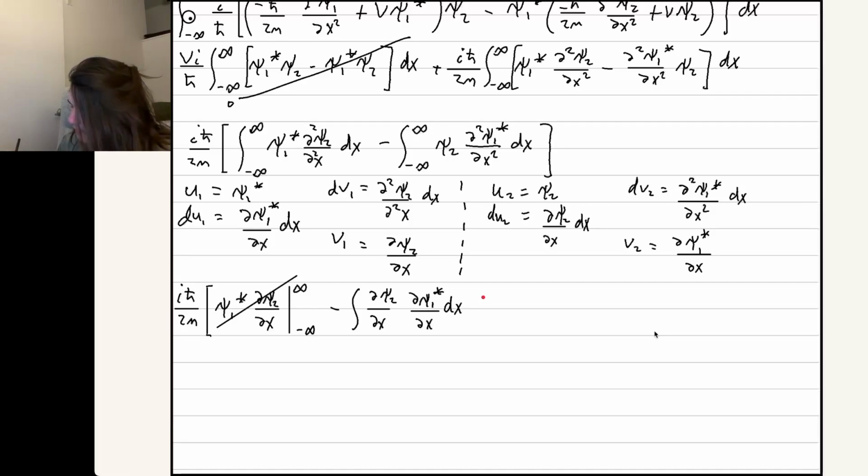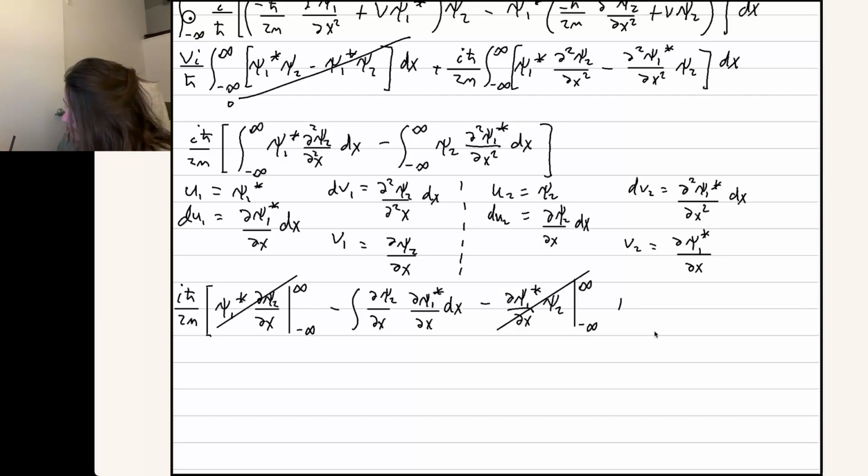The second integration by parts will have a minus sign thrown onto it. It will be uv, so del psi 1 star del x psi 2 evaluated from minus infinity to positive infinity, which also goes to 0 because, again, wave functions converge at minus infinity and positive infinity.